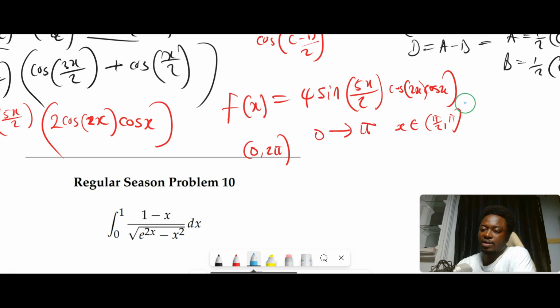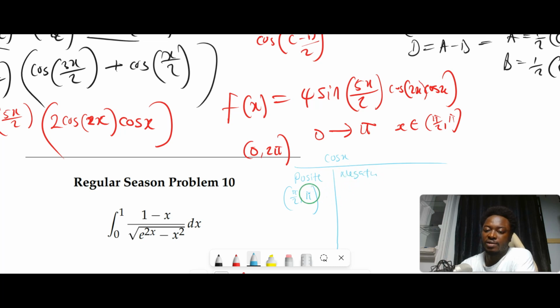So let me create a table. Cosine of x is positive on what interval?